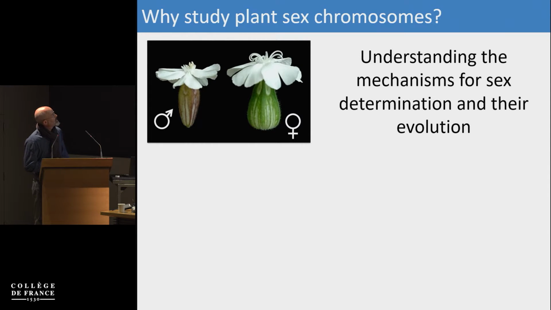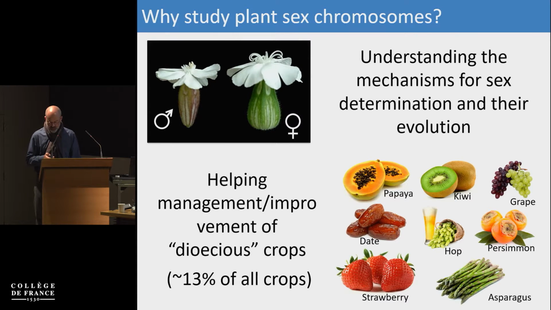I should probably go really fast on this slide about the importance of studying sex chromosomes with this audience. But it's important both at the fundamental science level and also at the applied research level, because crops are enriched in dioecious plants or plants of dioecious origin.